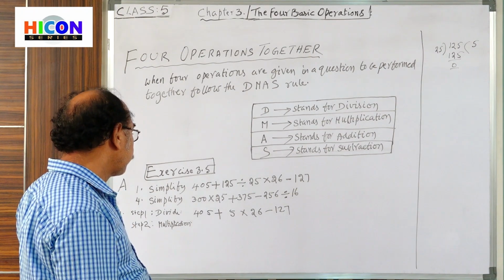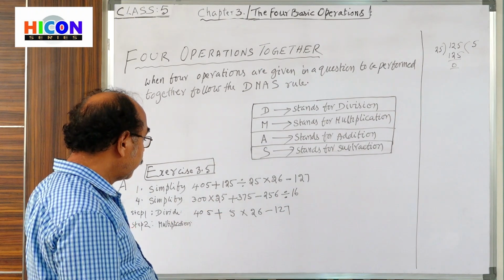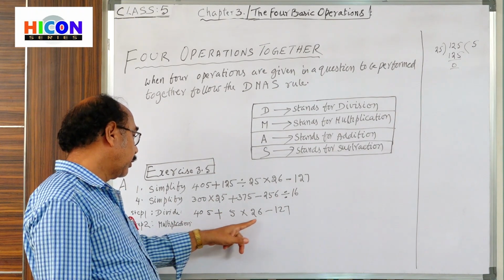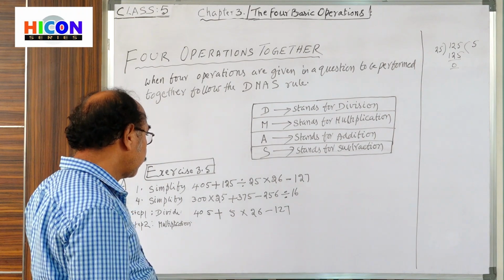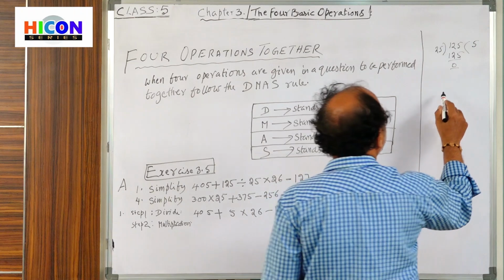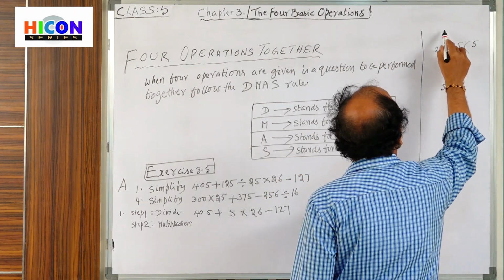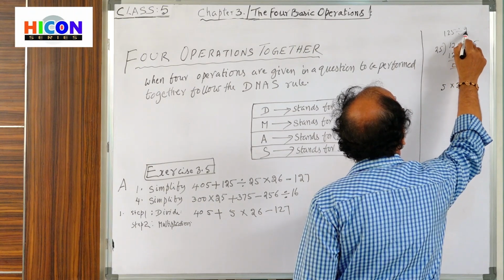So, 5 into 26. We multiply. Here, what we showed? 125 divided by 25.